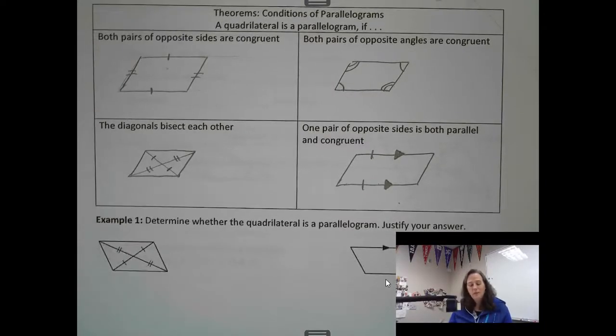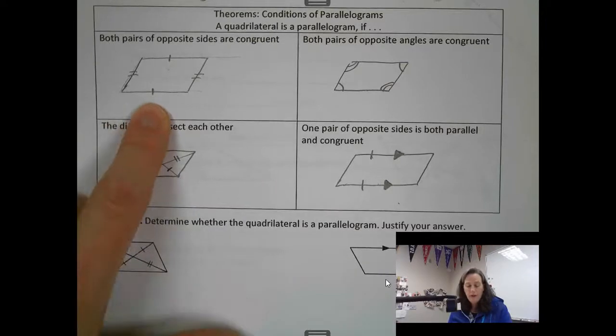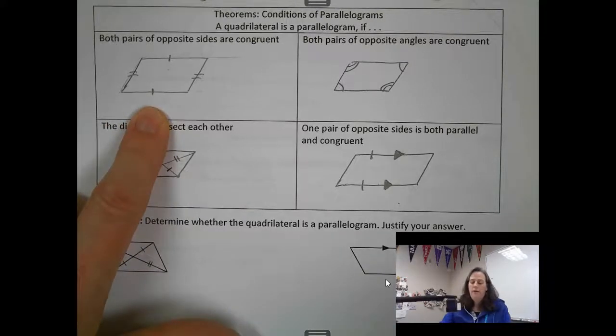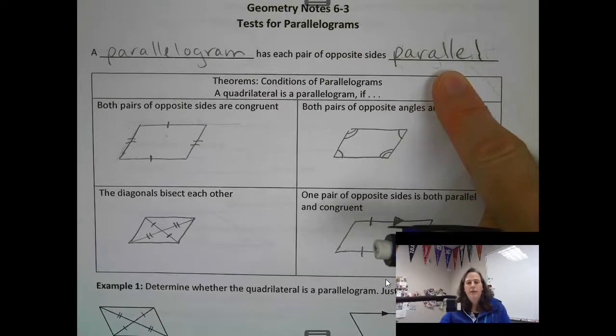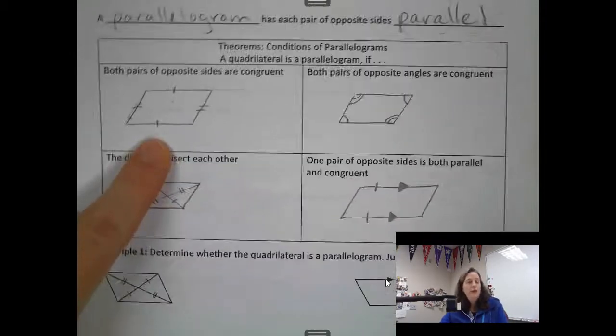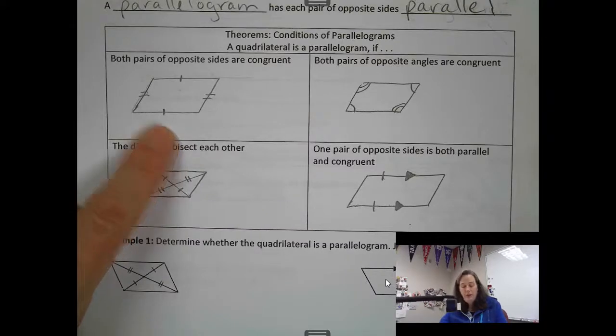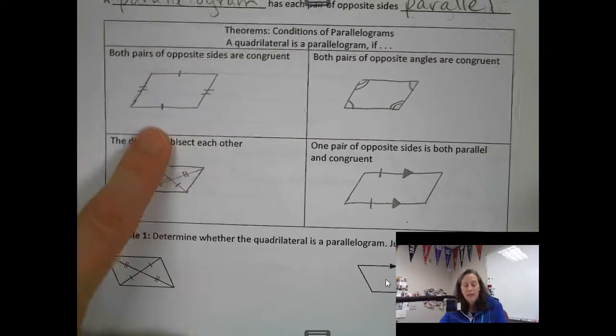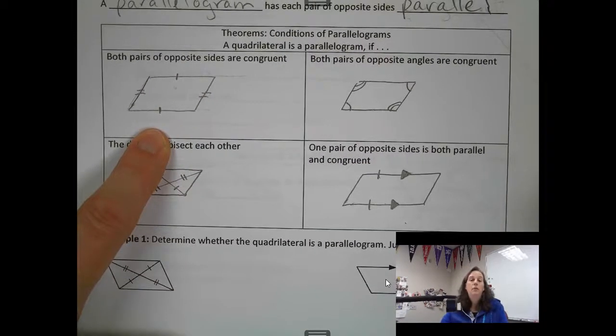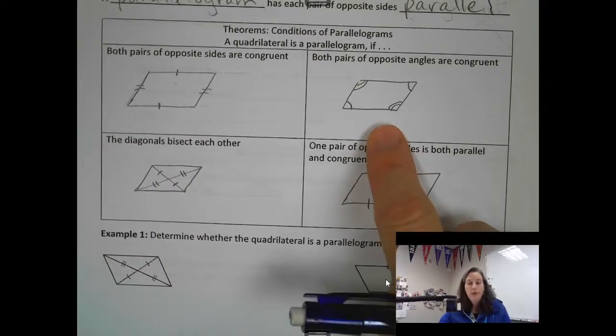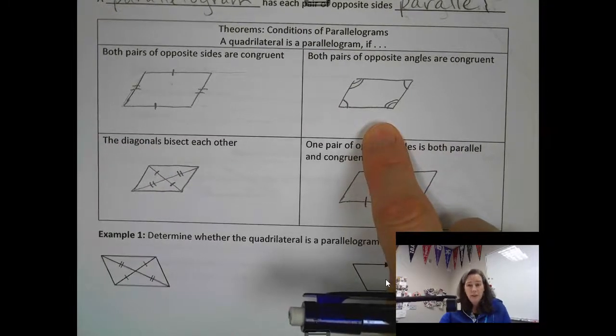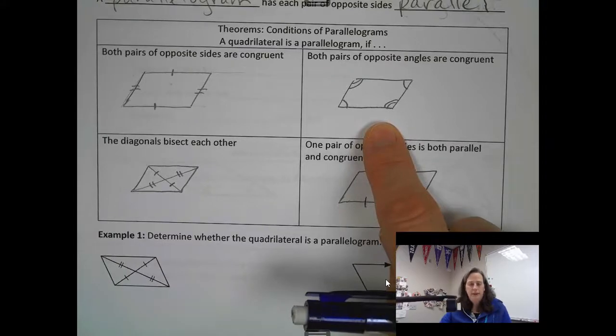So all these things, it's like we're doing backwards what we talked about yesterday. If we have a quadrilateral and each pair of opposite sides is parallel, then you have a parallelogram. If you have a quadrilateral and each pair of opposite sides are congruent, then you have a parallelogram. If you have a quadrilateral and the opposite angles are congruent, then it's a parallelogram.